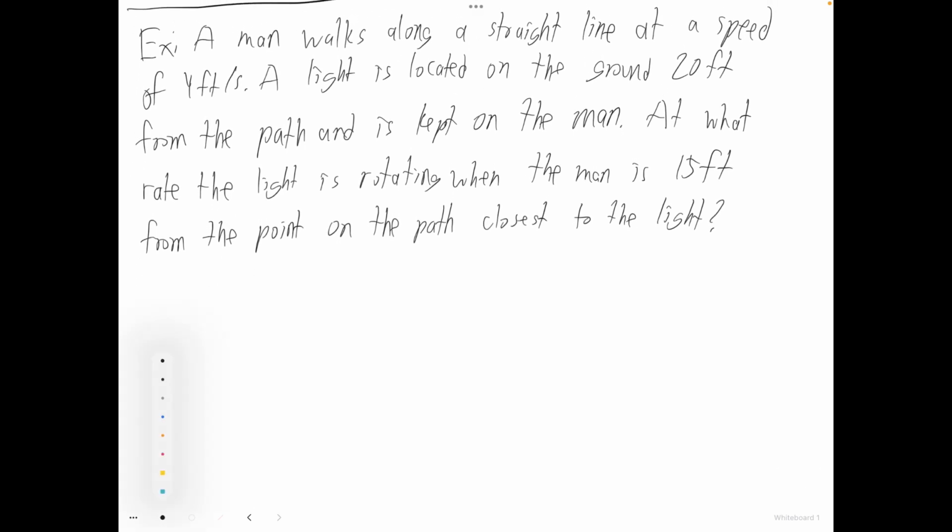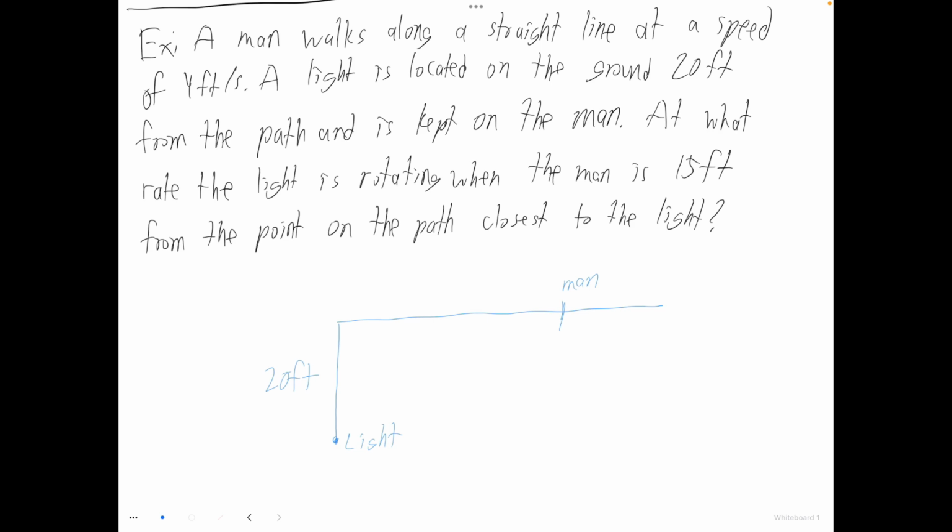Okay, so let's actually draw this situation. So we've got this path here, and we've got this light down here. The light is 20 feet away from the path at the closest point, which the closest point is going to be perpendicular. Hopefully that's easy enough to see. And we've got some man over here.